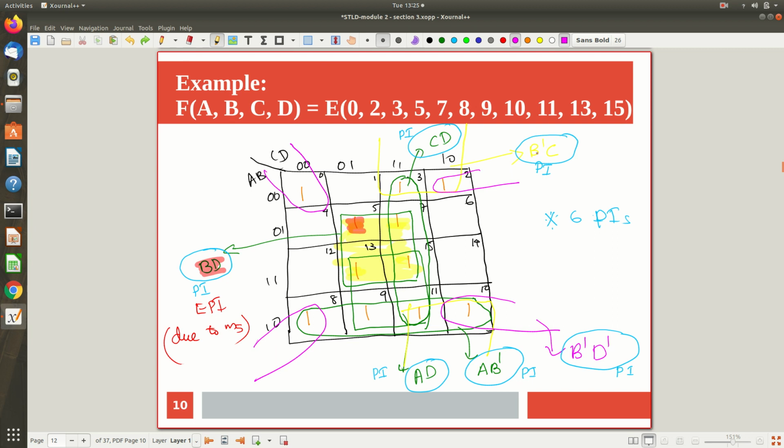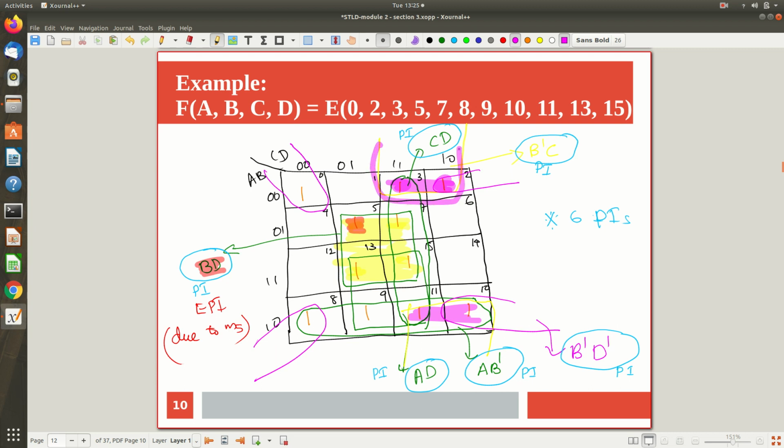Now I am looking at B dash C dash. Is it essential? This is this corner, the folded one. I'm interested in this particular grouping, and I'm going to see, is it essential? That is my question. Take each one. This one is part of two groupings. You can see that this is also part of this grouping.